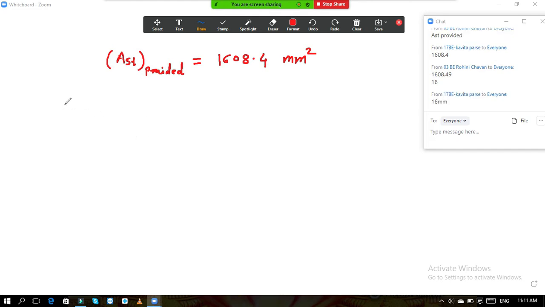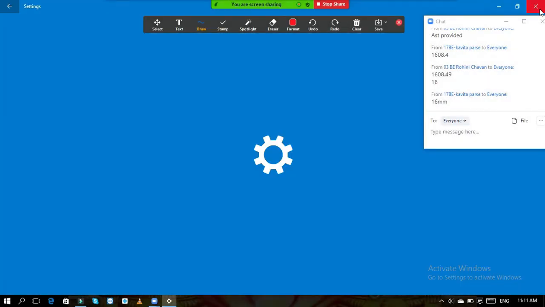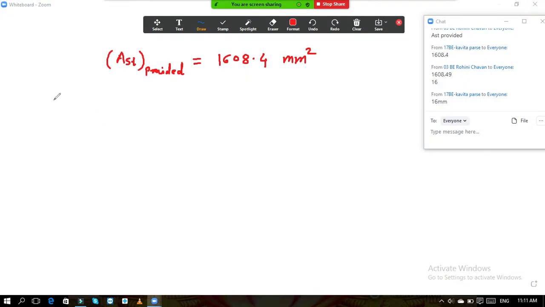I think we are on the verge of calculating the spacing. So the spacing is equal to area of single bar, pi by 4 into d square, that is 16 square, area of single bar divided by AST provided, multiplied by width.